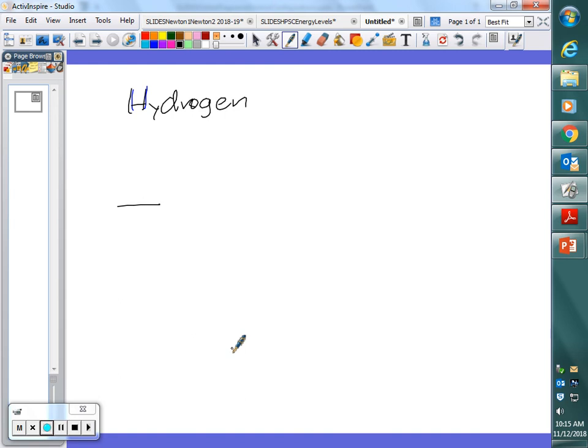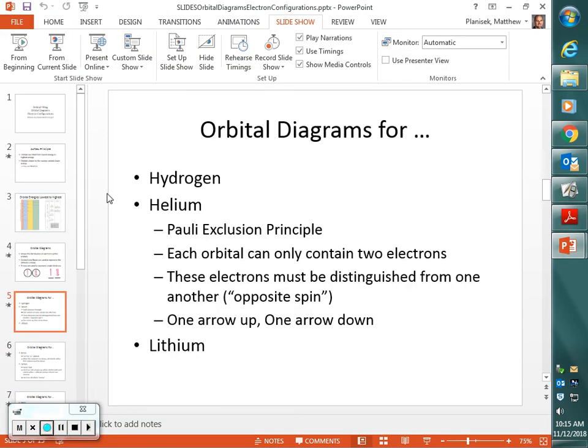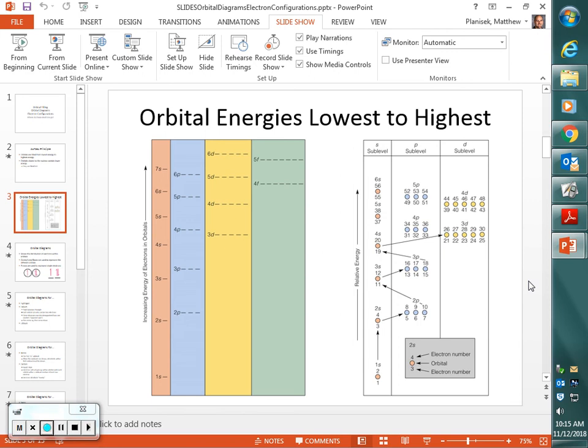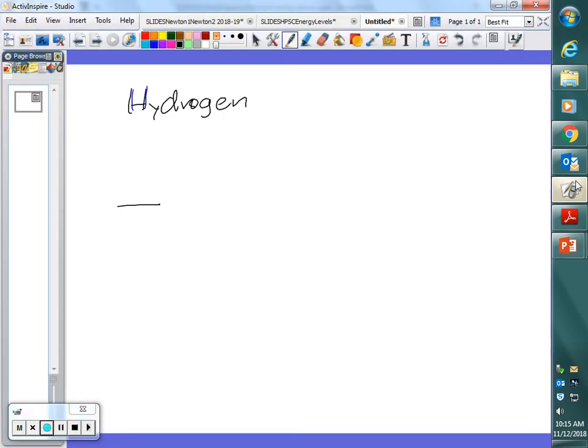Electrons fill lower energy orbitals first. So we go back to our chart, and like we said, what's the lowest energy orbital out there? 1s. And so we will label this line as 1s to represent that orbital. How many electrons do we have to place in this orbital? 1 electron.